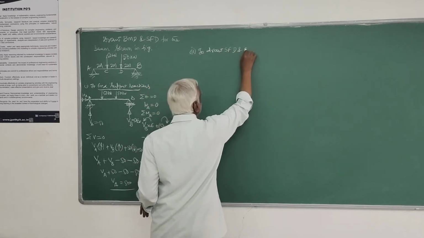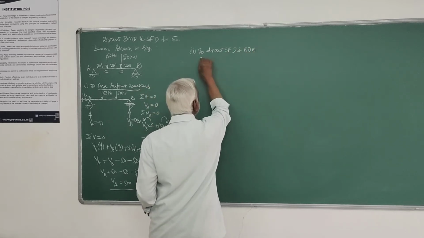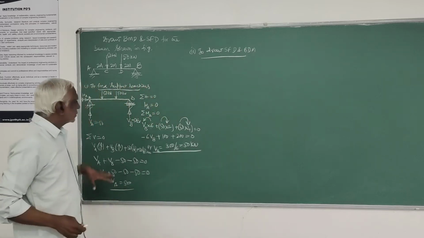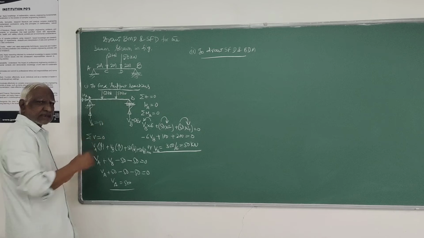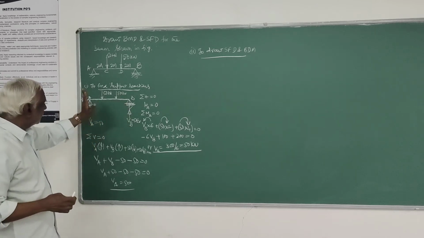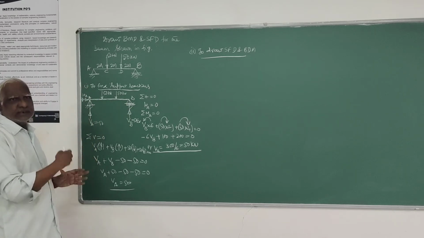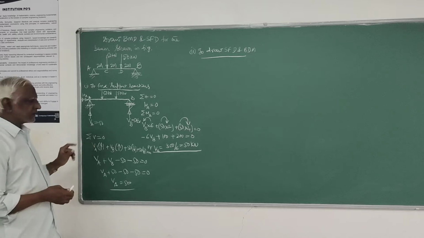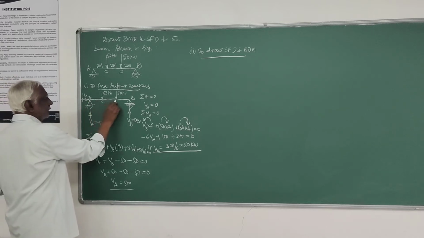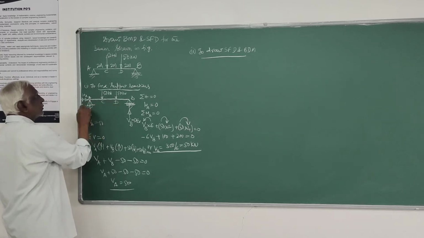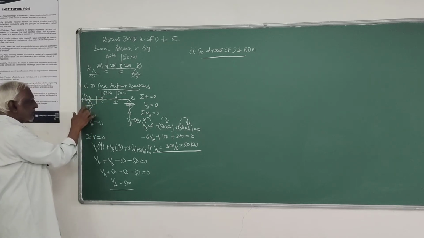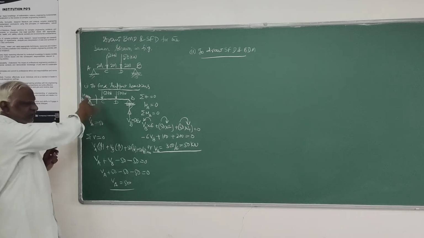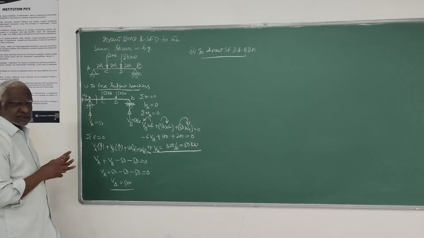BMD. For drawing the SFD and BMD, we have to select a number of sections on the beam wherever there is a change in loading. Suppose from A to C you take a section, then only the reaction at the support will give the moment, no other external load.